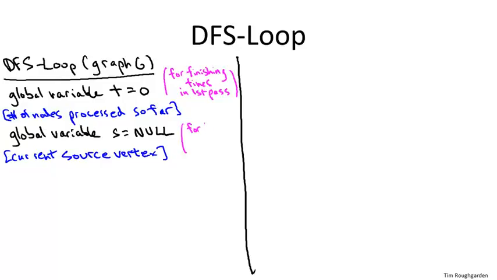But really DFS loop gets called twice, once on the reverse graph, once on the forward graph, and we only need to compute these finishing times in the first pass on the reverse graph, and we only need to compute these leaders on the second pass for the forward graph. But let's just keep them both in there just for kicks. Now we're going to need to loop through the vertices. And so the question is, in what order are we going to loop through the vertices?